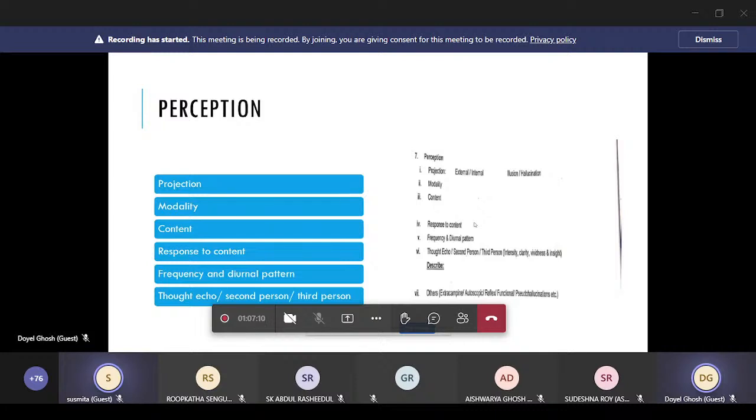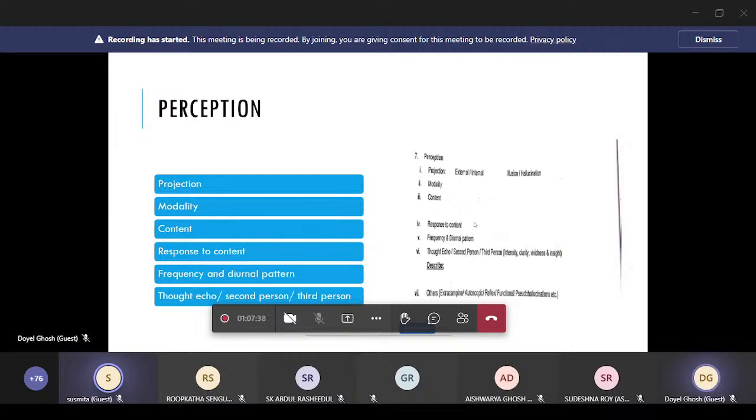And there is thought echo, that whatever I'm thinking, I'm hearing the echo of it. There may be second person hallucination, where some second person is talking to me in a you manner. You are this, you are that, you are a coward, you don't deserve anything. Or there is third person, where people are talking about me. There is no you statement.